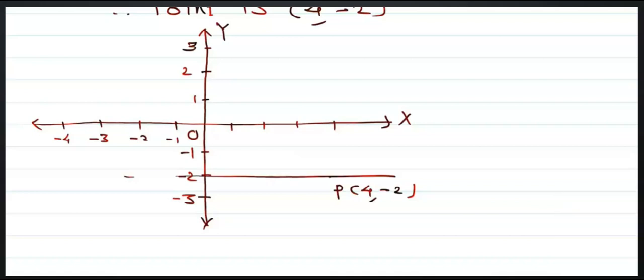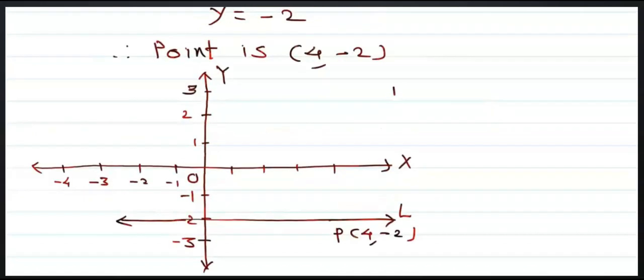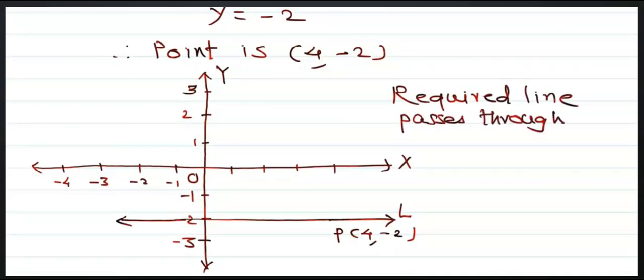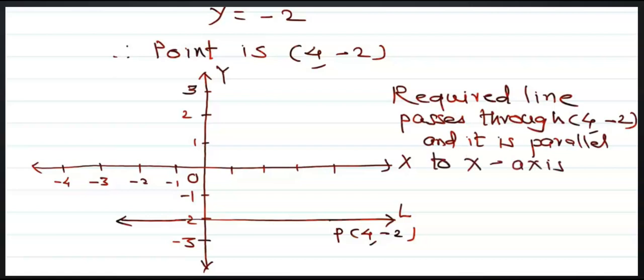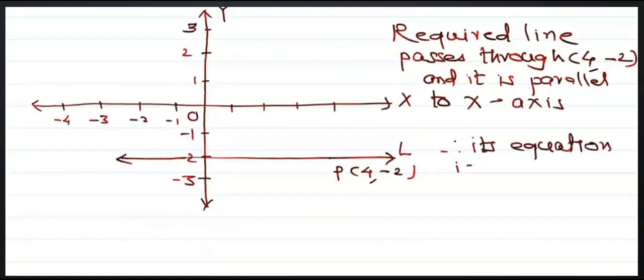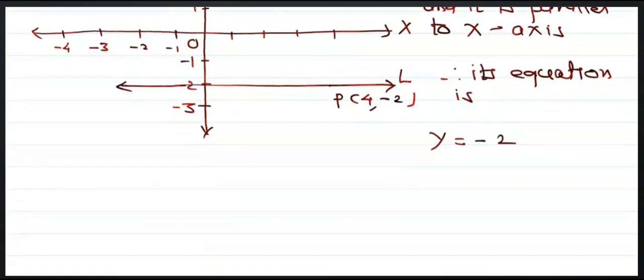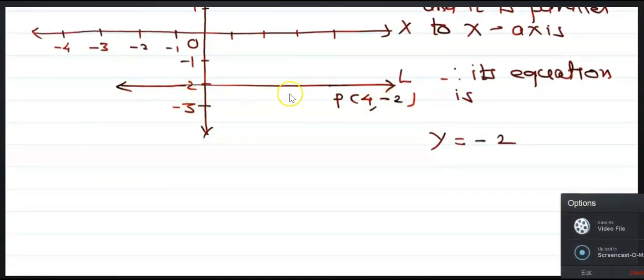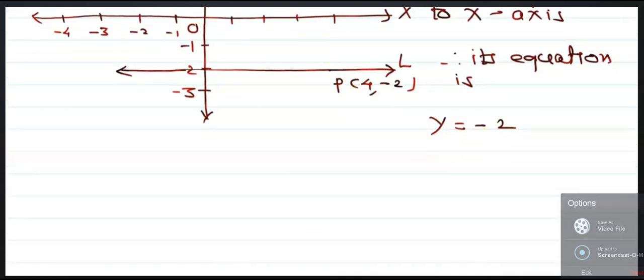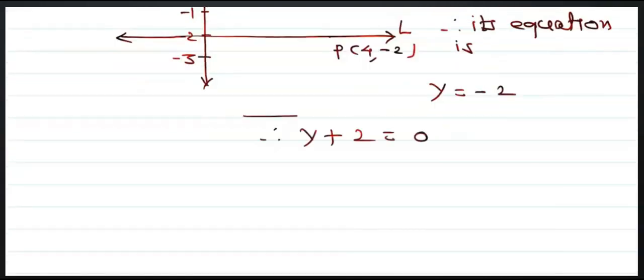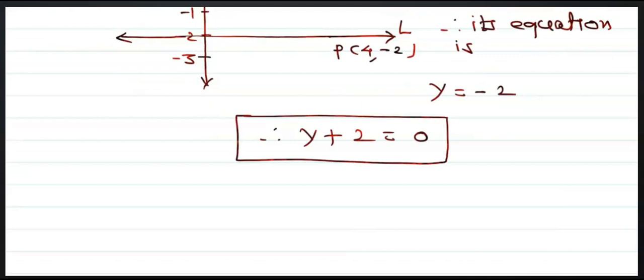Therefore, its equation is y = minus 2. Now the next is y + 2 = 0. This is the required line.